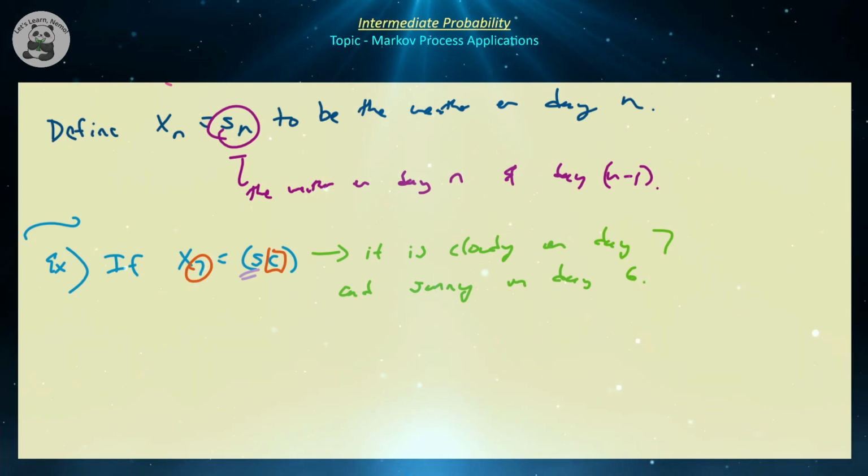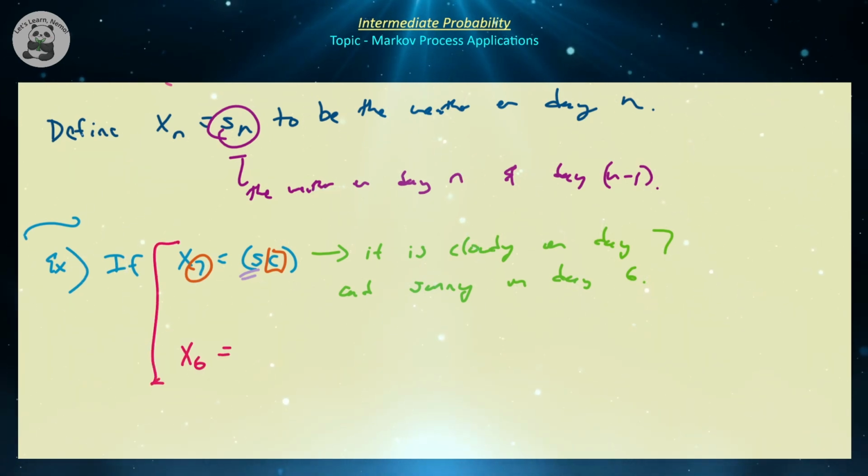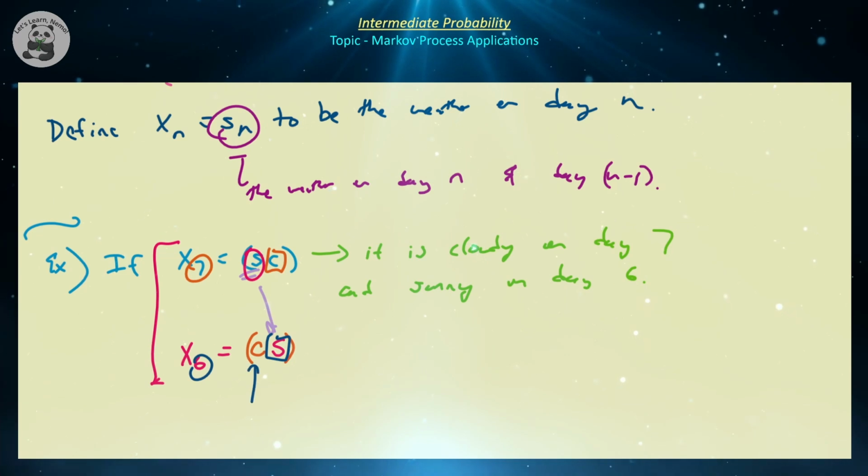That would be X6. So if we look at, for example, variable X6, what would this be in the same exact world? Keep in mind, S is on day 6. That means this must be S as well. And then the next variable to the left of it is up for grabs. For example, that can be C. So C corresponds to day 6, and this corresponds to day 5.